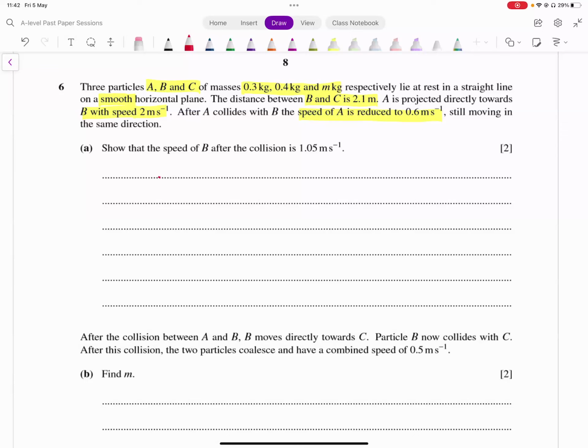Let me represent that here. सबसे पहले उसने कहा है b की स्पीड फाइंड करनी है, तो पहले हम a और b को देख रहे हैं। So if we're not concerned about c at this point, a and b look like this. Okay, a is projected towards b with speed 2 meters per second.